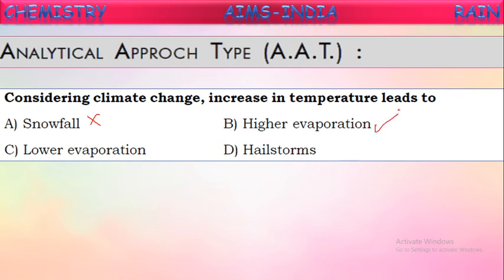The conversion of liquid water into gaseous form because of heat. So that is called evaporation. If heat or temperature is increased, more evaporation occurs. So as the temperature is increasing, high evaporation occurs. That is correct. Low evaporation is also not correct. Hailstorms also not correct. These occur in the very cool areas. So only high evaporation is correct.